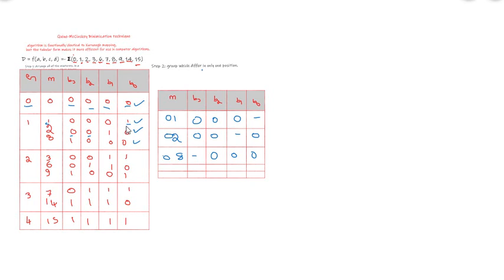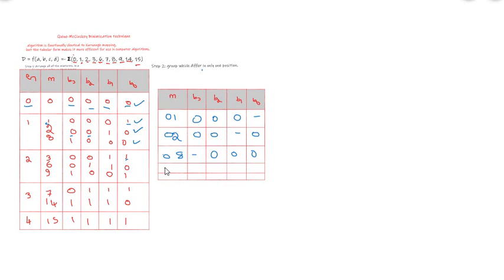Now how to do this? Here B0 is 1. Just check which terms in the two-ones group have B0 as 1. B0 is 1 in 3, so it is possible. So go with the 1 and 3 combination. In 3 the B0 is 1, and in 1 also B0 is 1, both the same. So which bit differs?